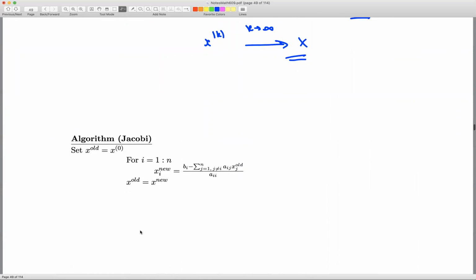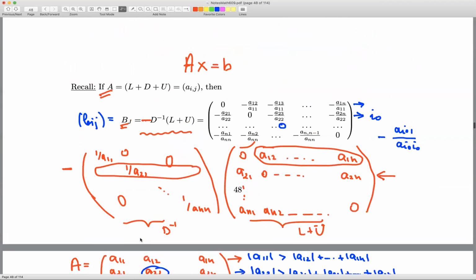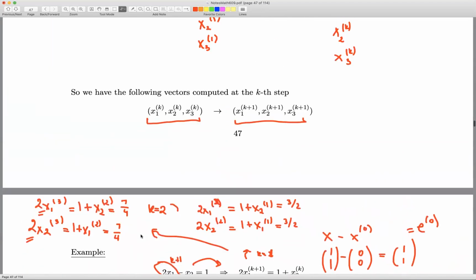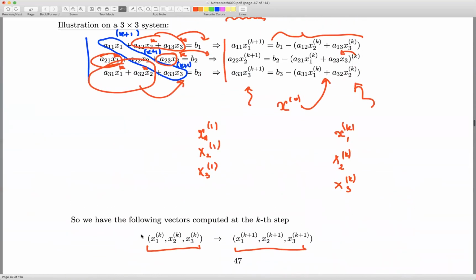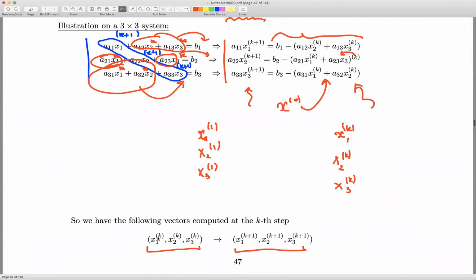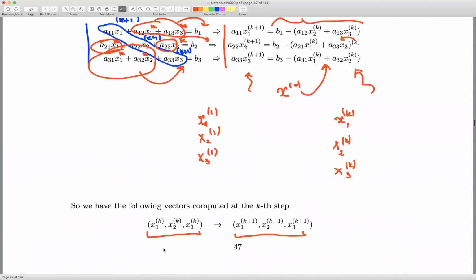In the Jacobi algorithm, if you go back to what we had for the 3x3 matrix, you see here that you actually have to have two copies of the n-dimensional vector, one copy where you keep the kth version of this vector, and another copy where you actually compute the k plus first iteration.